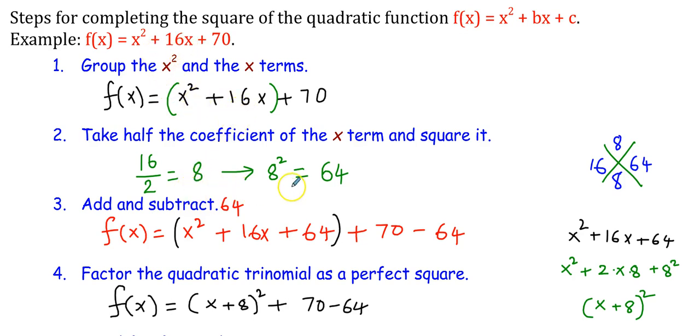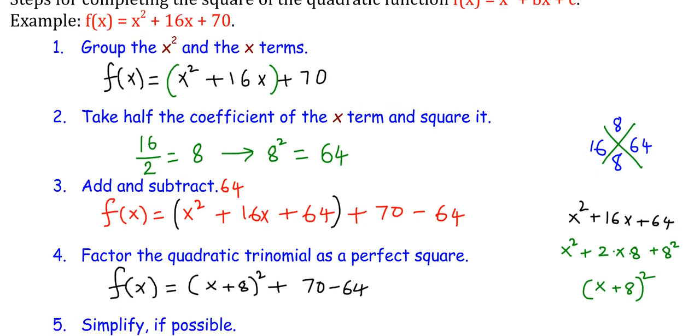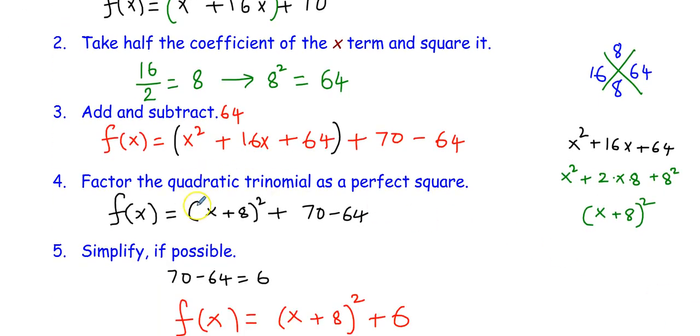Half of 16 is 8. 8 square 64. Add 64. Subtract 64. And then I have to know how you convert this perfect square trinomial into this product form as x plus 8 whole square. Whatever process you apply, you'll get this x plus 8 whole square plus 6.